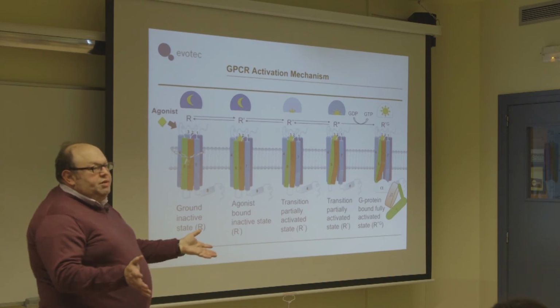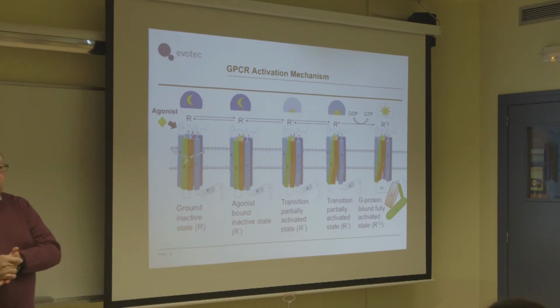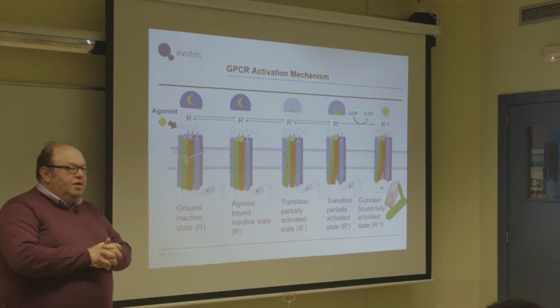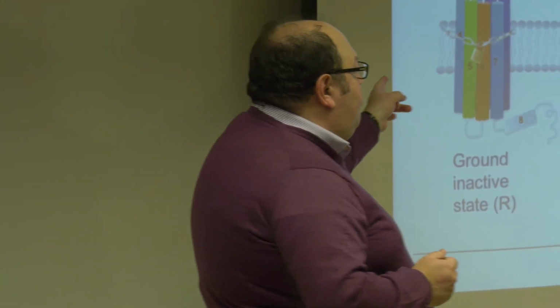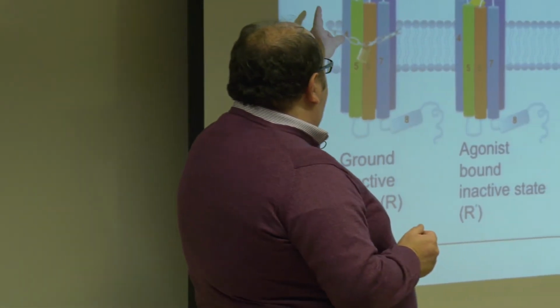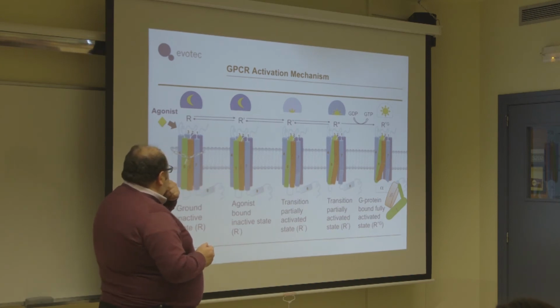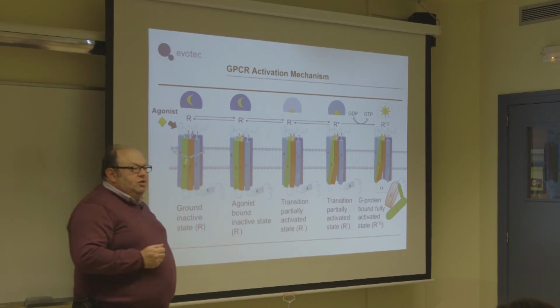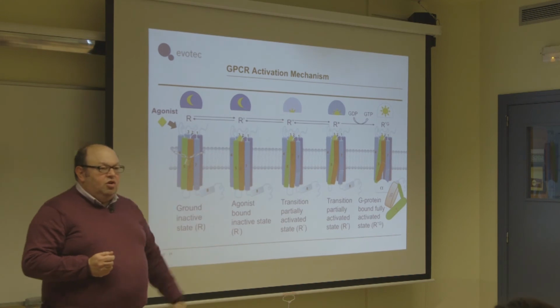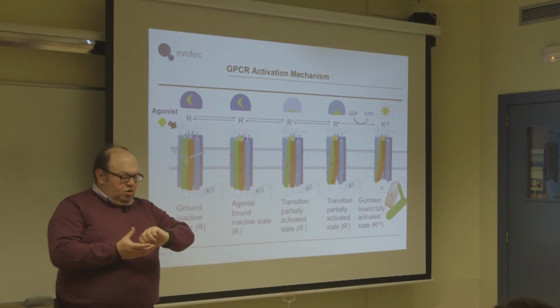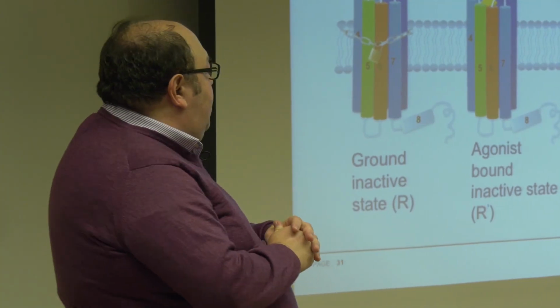In GPCRs, again as I told you about the key and lock, we have activators and deactivators. We have the key that can turn on the car and the other key that can turn it off. The activators are called agonists, and they promote activation, a change of the structure of the GPCR as you saw in the movie.